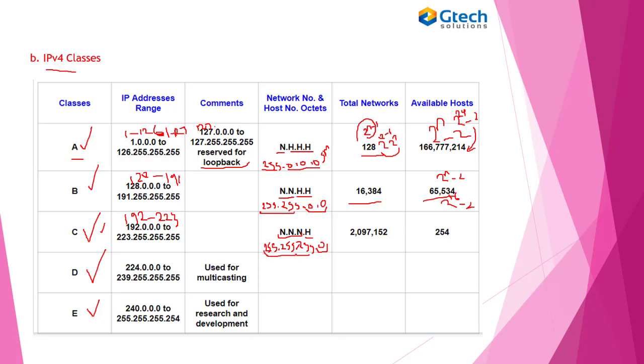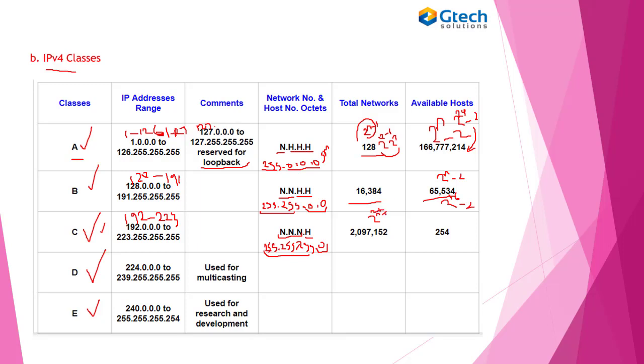So this octet represents host bits, while the 3 octets represent network bits. So the same way, we use the same formula here as we used here, 2^n minus 1, where n here represents the network bits. The network bits are 3 octets times 8, 24.